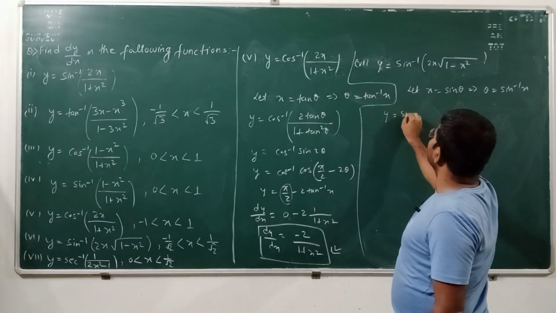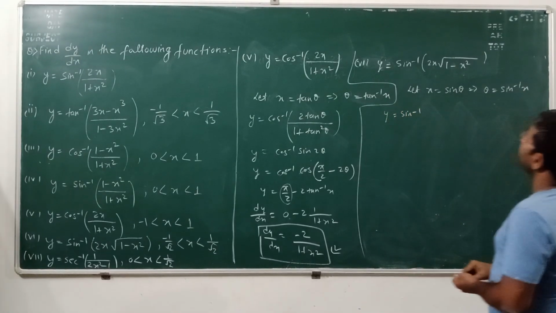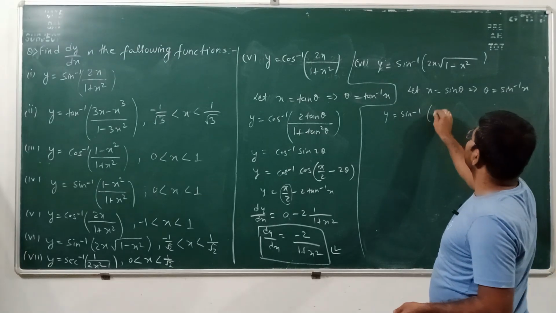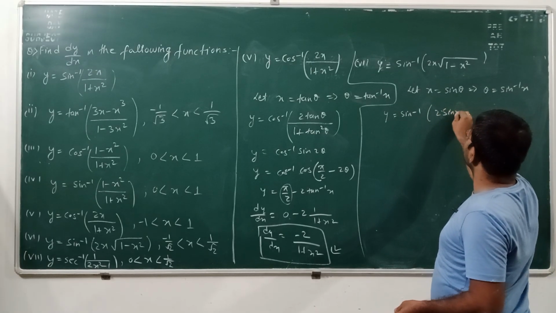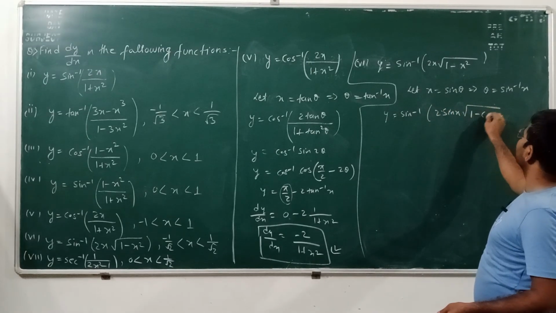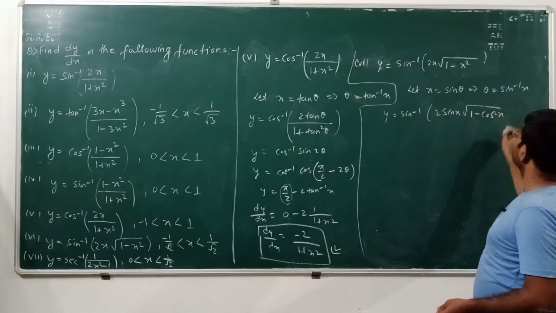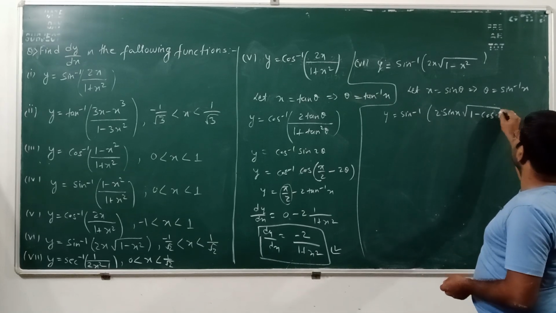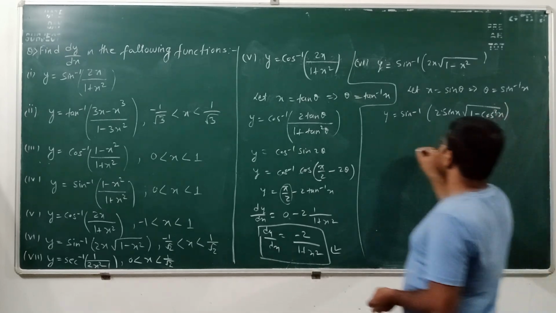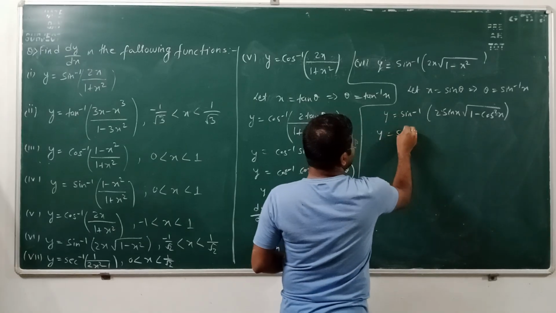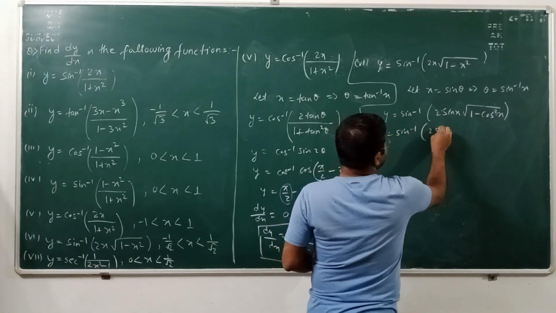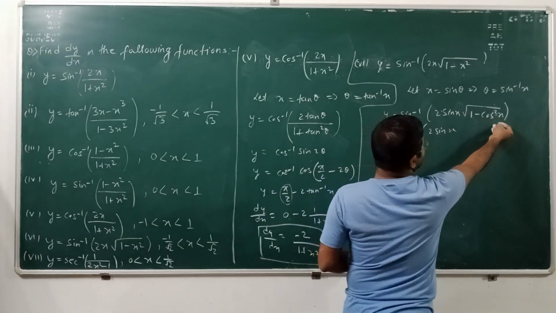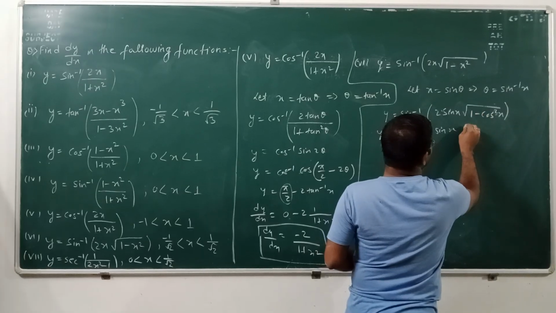Then y is equal to sine inverse 2 sine x square root of 1 minus cos square x, then y is equal to sine inverse 2 sine x. Now, 1 minus square root of 1 minus cos square is what?